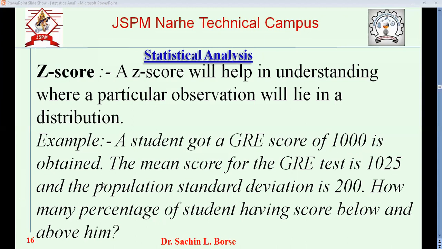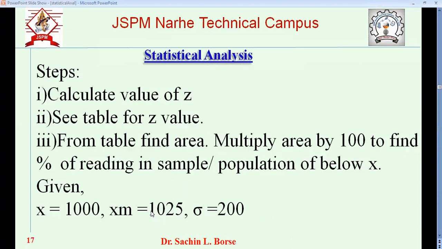From the area, we can find the percentage of probability. What is asked in the problem? How many percent of students have a score below and above him? So we have to find the number of students having a score below 1000, and above him. We have to find it as a percentage from the Z score table.